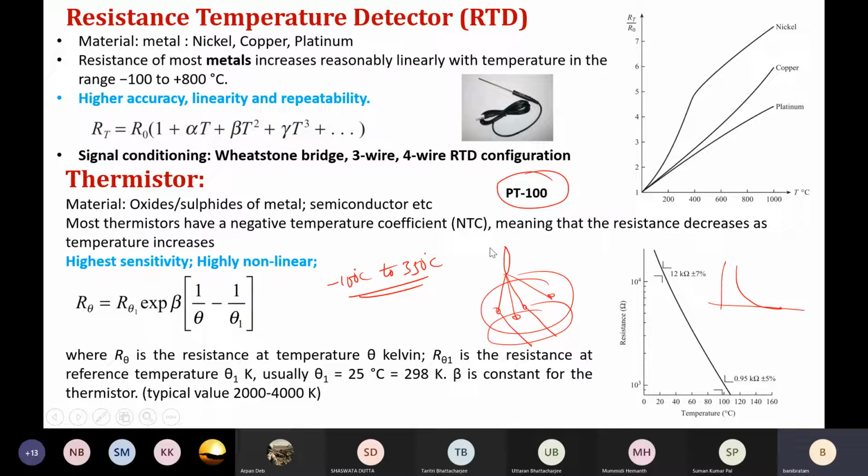So in the last class, we started our discussion on the temperature sensor, right? Under which we discussed the RTD, its salient features and characteristics, followed by the thermistor, and both of them are resistive type sensors.